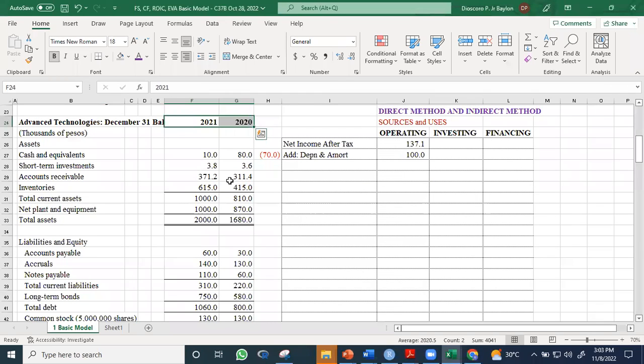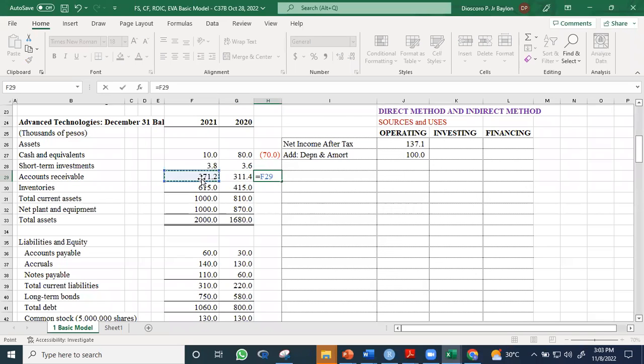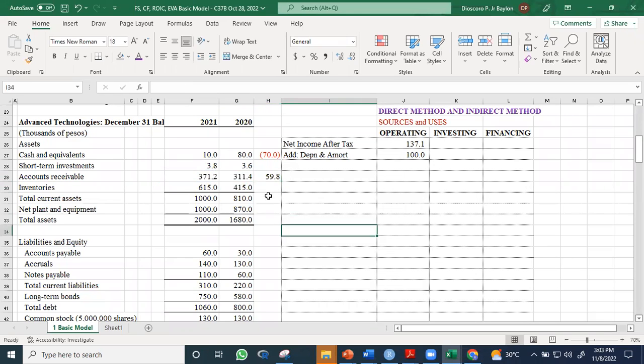Now, how much was the increase? If we get the difference of this, it increased by 59.8. So the increase in our accounts receivable is 59.8. Now I'm going to put here, increase in accounts receivable.